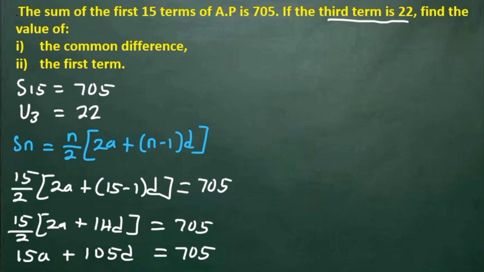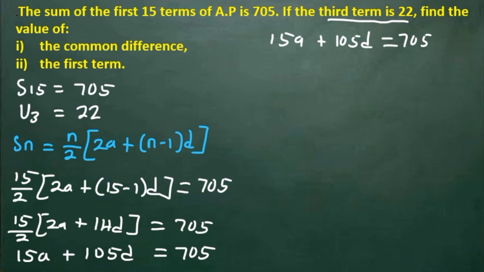Okay, so by observation, this equation can be reduced. So I'm going to have 15a plus 105d equals 705. Let's just leave it there.